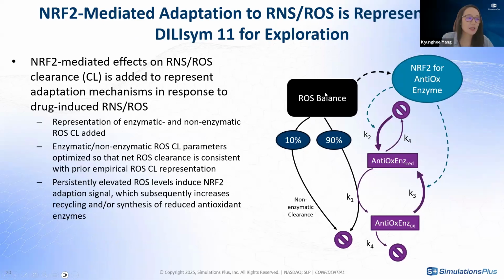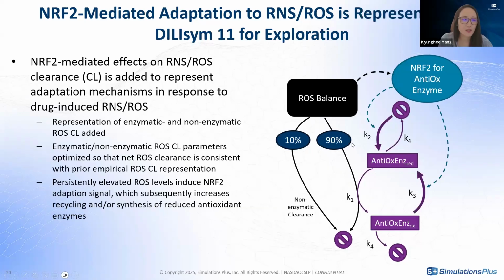So in the past, within the oxidative stress mechanism, right, there is always generation and clearance of oxidative stress, which balances out. And we used to have the linear ROS clearance pathway. Now that in the past version has been updated to more mechanistically represent the non-enzymatic, small portion of the clearance, and enzymatic clearance of the oxidative stress.